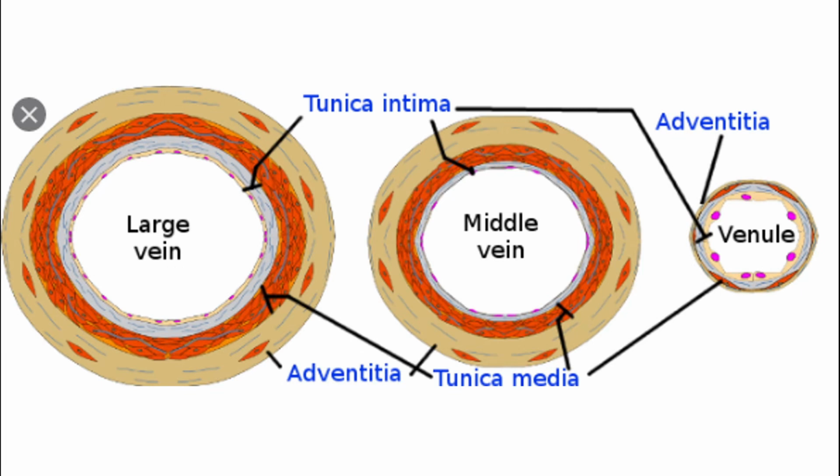Now we have some smooth muscles, 2 or 3 layers, and when middle veins collect and form a large vein, we still have 3 tunics, 3 layers, and still the tunica media, although it is made of smooth muscles, is not as thick as the tunica media of arteries.